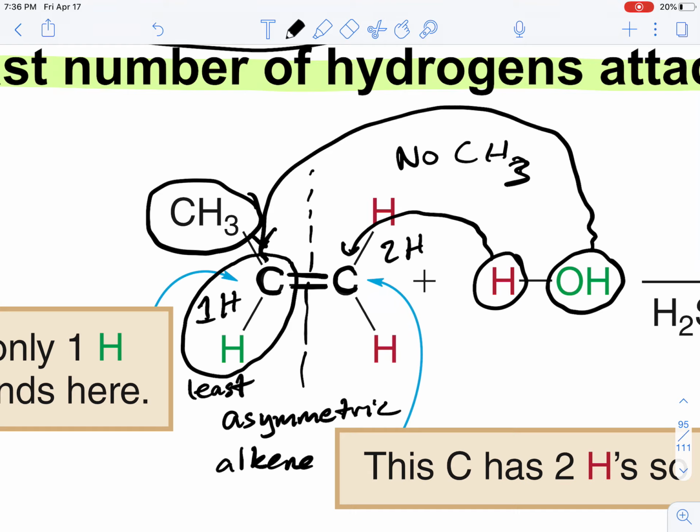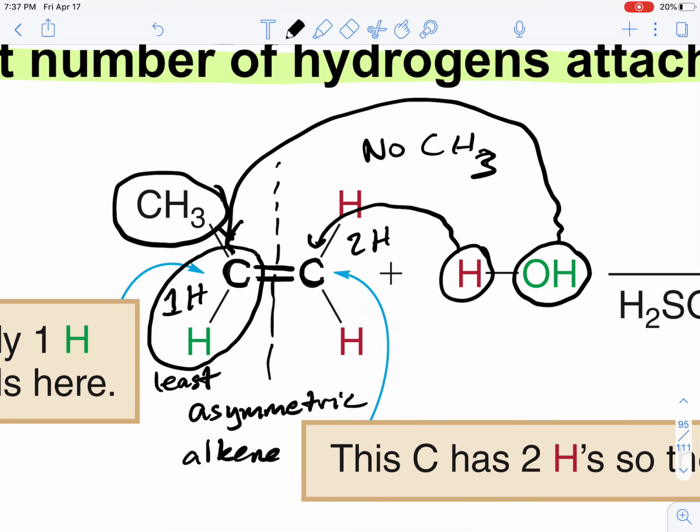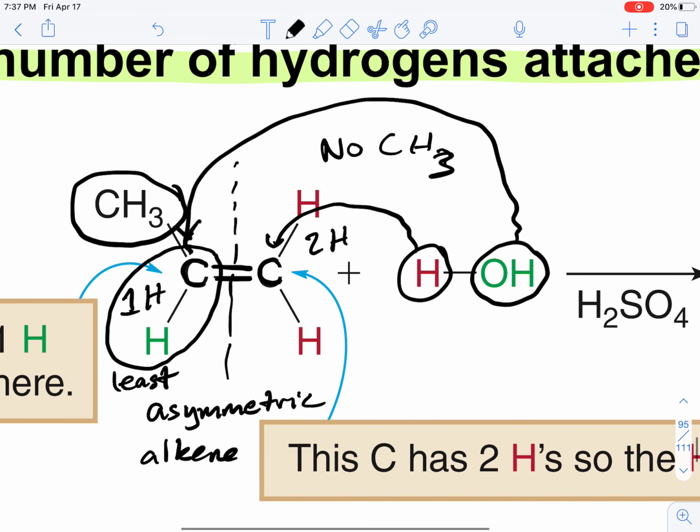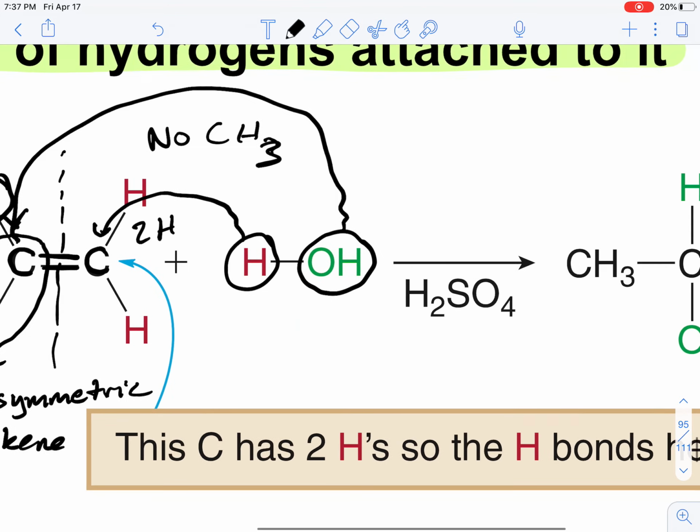Okay, so it's not so much left or right. It just happens to be left or right in this case. What you want to focus on is the number of hydrogens each carbon has on either side of that double bond. I'm talking about the direct attachment of the hydrogens, not the CH3, so don't count these hydrogens. You're only looking at the hydrogens that are directly attached to the carbons that share that double bond.